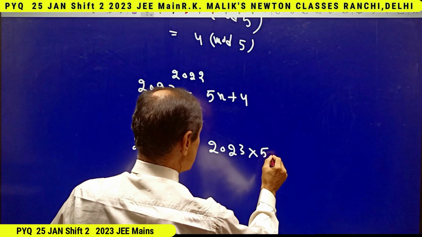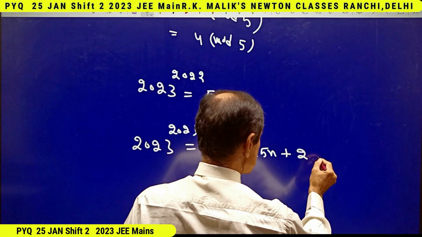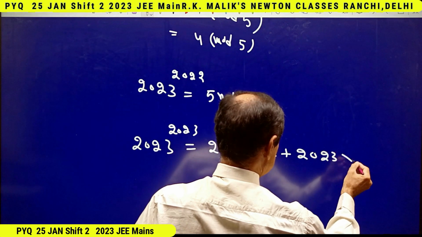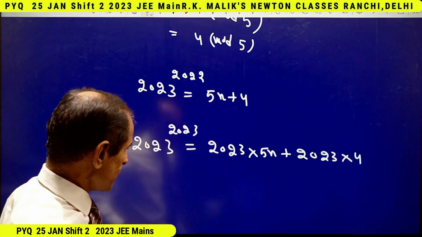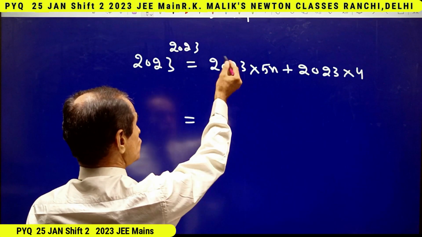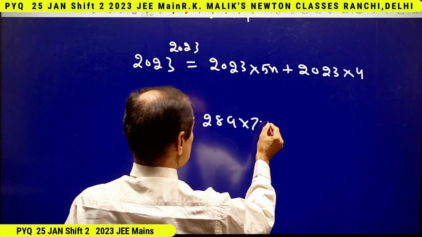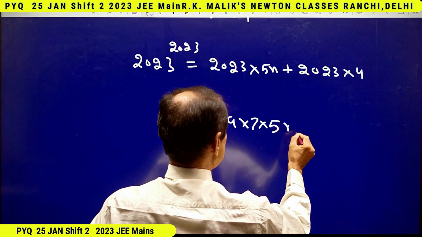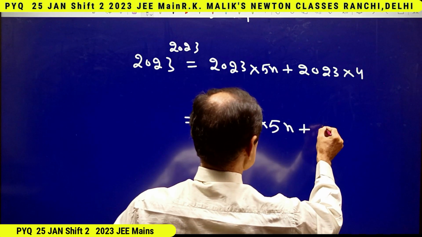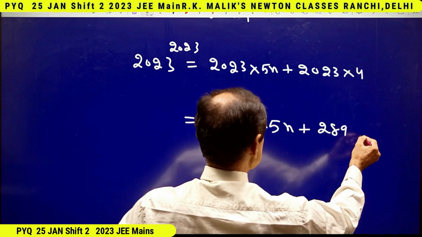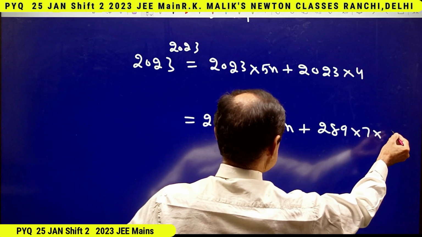Into 5n plus into 4. And note that 2023 is 289 into 7, so 289 into 7 into 5n plus 289 into 7 into 4.